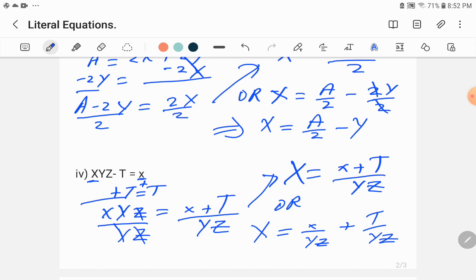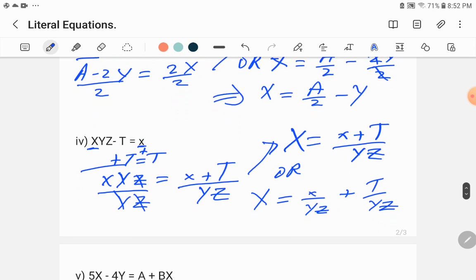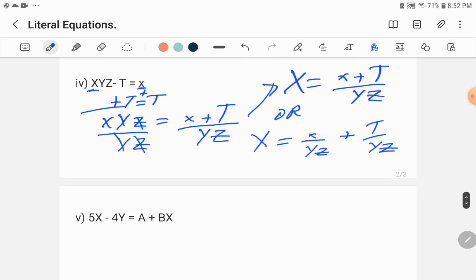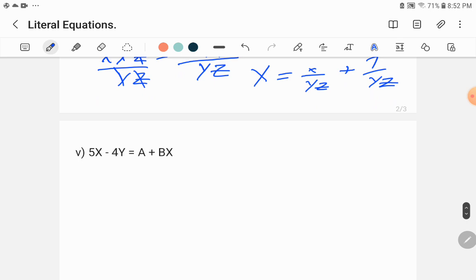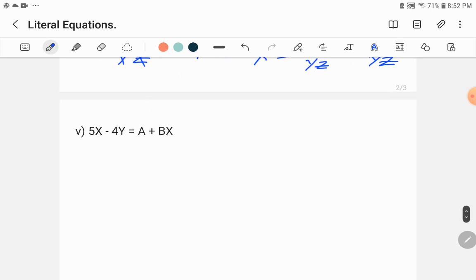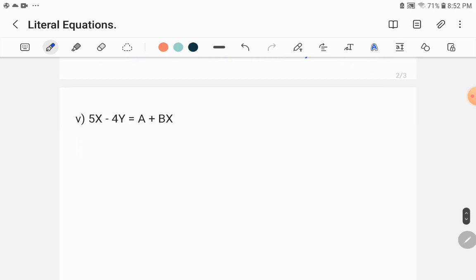Okay, this last example that I'm going to do requires greatest common factoring. So if you don't know greatest common factoring as yet, you could ignore this last example.